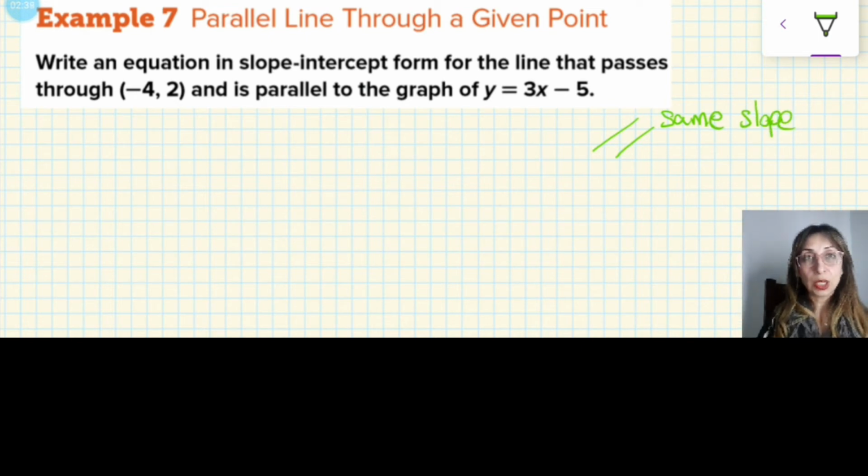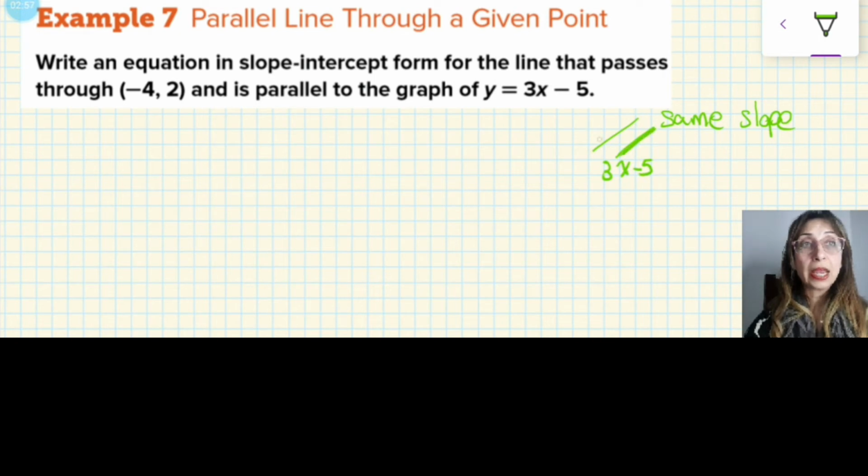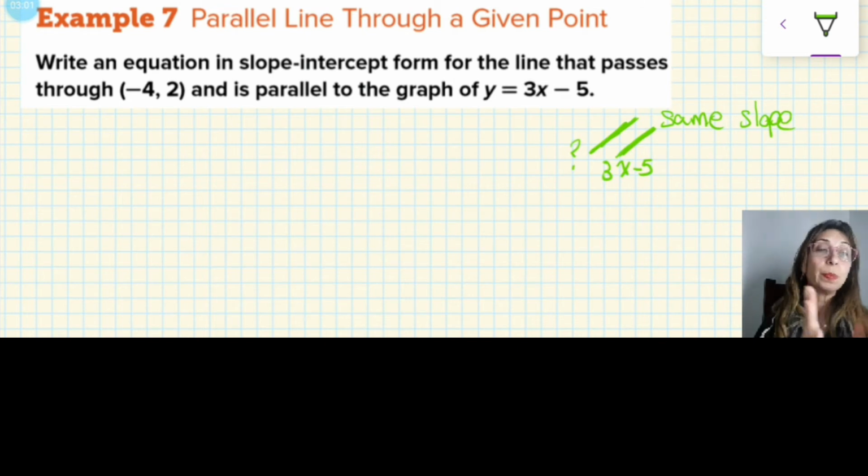It says: write an equation in slope-intercept form for the line that passes through (-4, 2) and is parallel to another line whose graph has the equation y equals 3x minus 5. So the first line has the equation y = 3x - 5, and I'm looking for the equation of the second line, which is parallel to it, written in slope-intercept form.